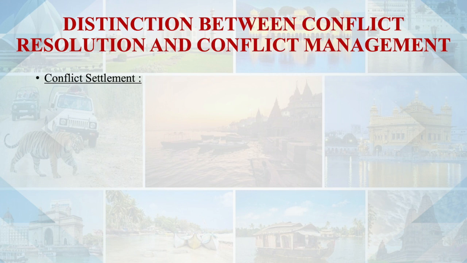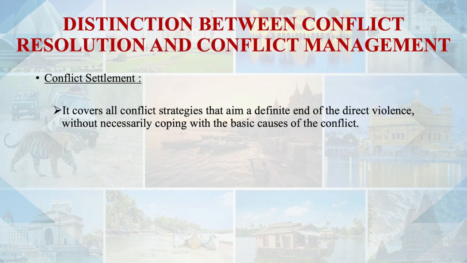From crisis management, the next level is known as conflict settlement. What is conflict settlement? It covers all conflict strategies that aim at a definite end of the direct violence. Meaning we are going to end the violence without coping with the basic causes of the conflict.